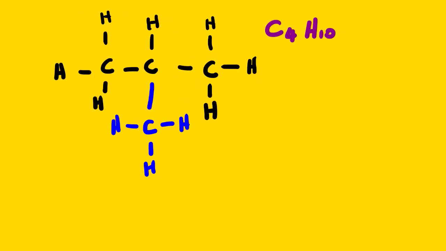But in this one, it's a bit different. Looking at the longest chain, you can see we have only 3 carbons. And then we say this is a branch. A branch is an attachment to the longest chain. So what is important is to identify the longest chain and also identify the attachment.